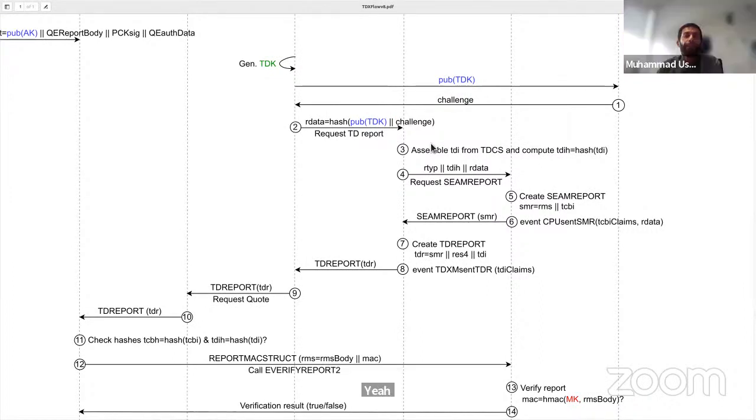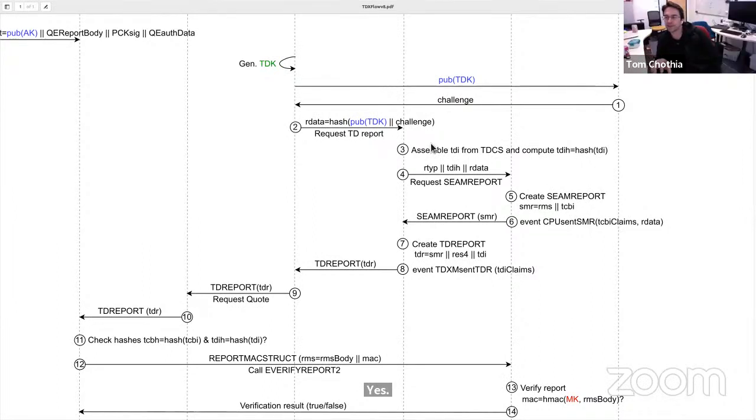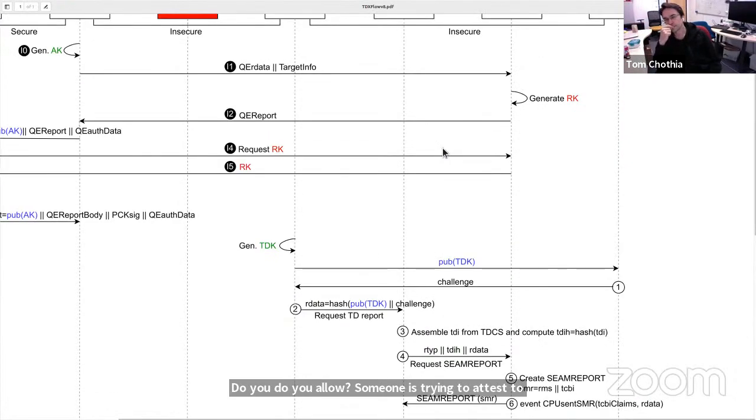That's good. Yeah. And do you model the compromise of the trusted components? Do you allow someone who's trying to attest to start off being honest and then be compromised part of the way through? Not really.